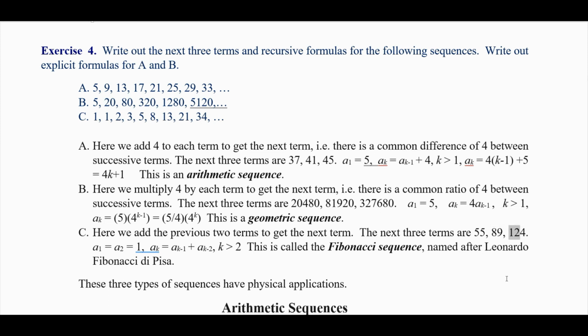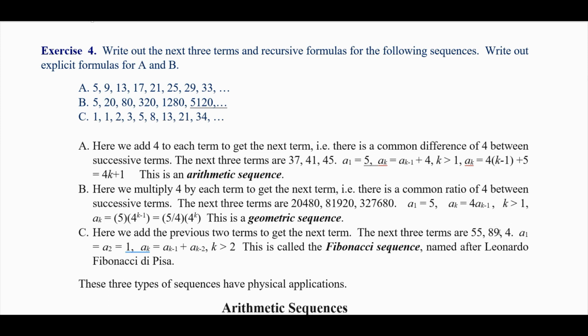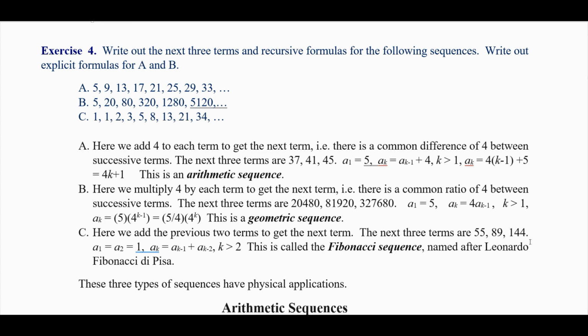What's 55 plus 89? Let's see. 144, I think. Yeah, 144.